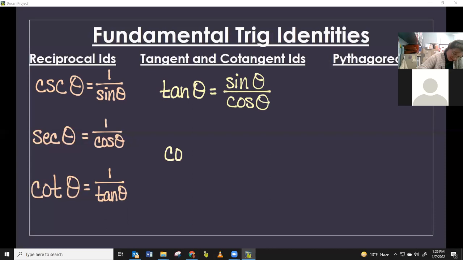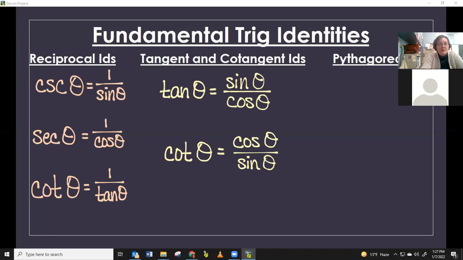And cotangent theta, because it is the reciprocal of tangent, is cosine theta over sine theta. So there's 5 of the 8. 3 of them we've been working with a lot.